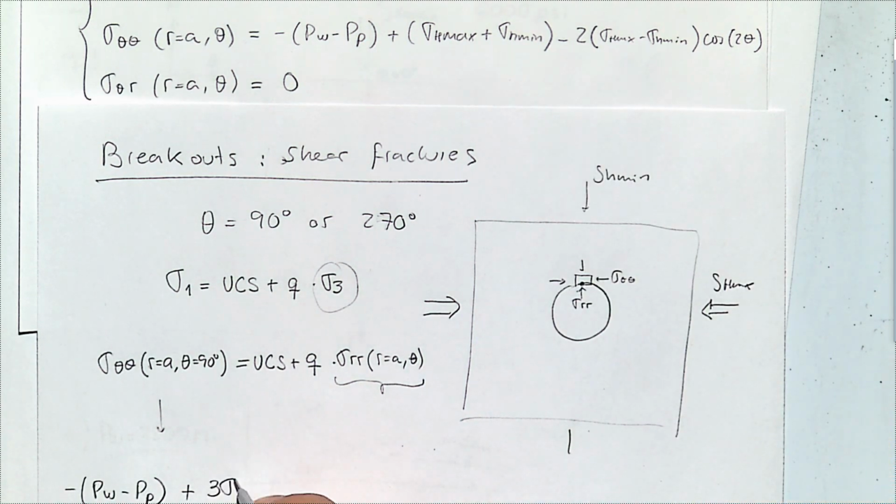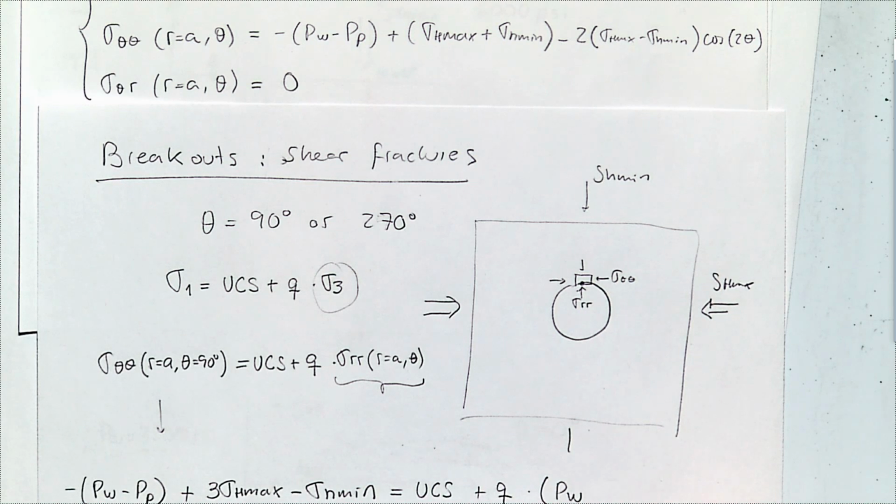So it's going to be 3 sigma H max minus sigma H min. That's going to be sigma theta theta, and that's going to be equal to UCS plus Q, and sigma RR is just going to be PW minus PP.